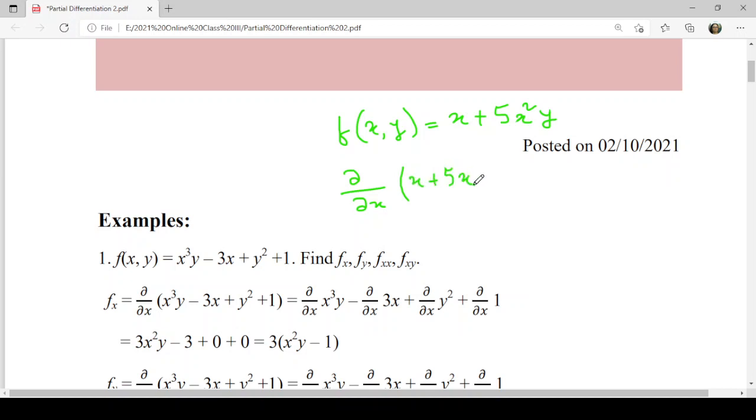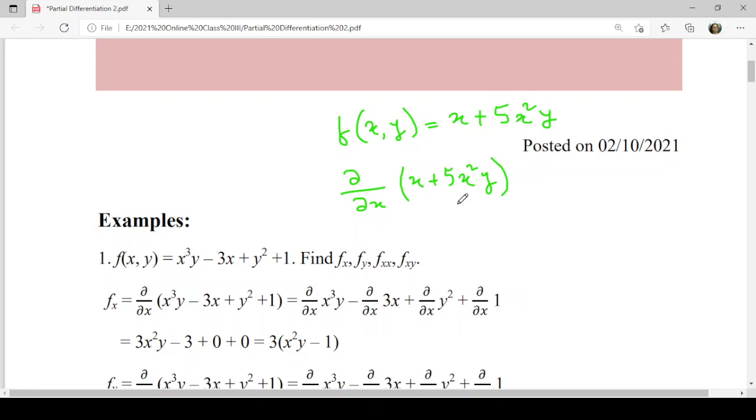So this is 5x square y. This y you totally ignore. You need not do anything on this y. So this is a function of a single variable, only x and x square, that you have to differentiate.